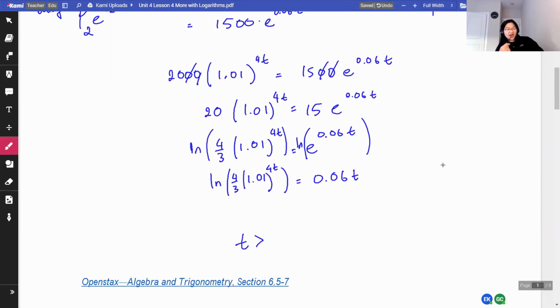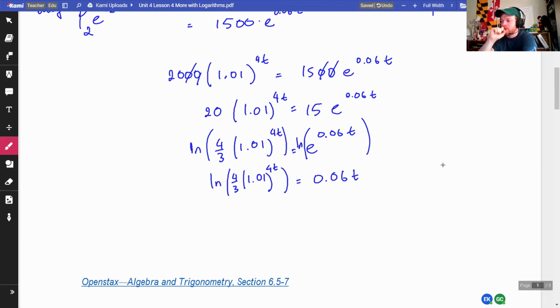No, I don't think so, because we have those properties that we learned about last time, where we can handle having a natural log of things that are being multiplied and raised to powers and divided, because we can just break those up into different natural logs. We cannot bring that 4t down though, right? Not immediately.